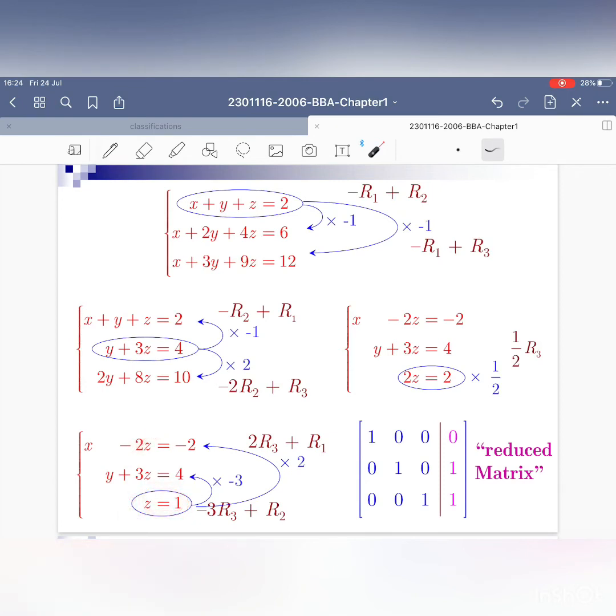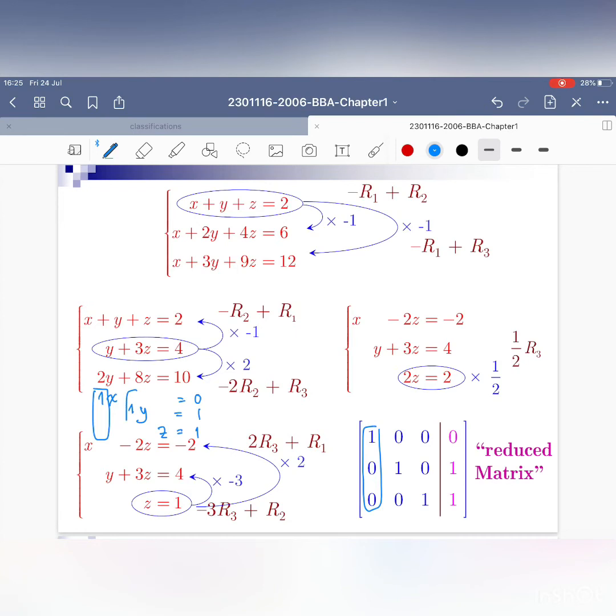Okay, so what you end up with is your x alone. If you can remember, you are going to have x equals 0, y equals 1, and z equals 1. And this one was the coefficient for the x on each of the equations: it is 1 0 0.